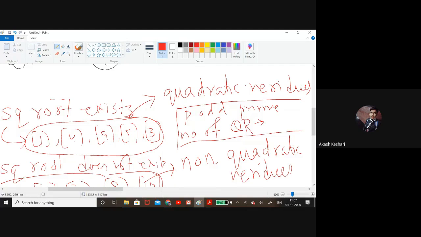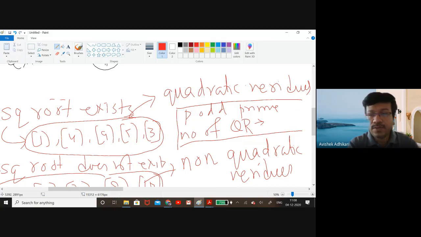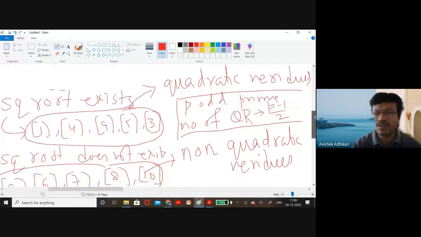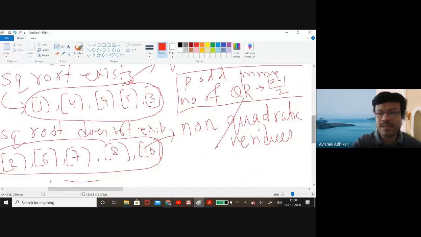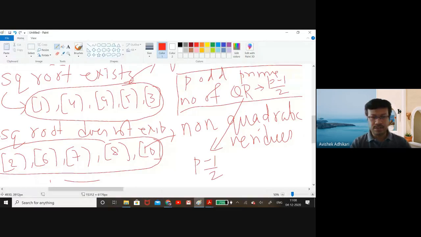P by 2? Okay. So that is nothing but (p minus 1) by 2 exactly. And here also you can see that the number of non-quadratic residues would be the same, (p minus 1) by 2. So that is a kind of intuition that we may think of.